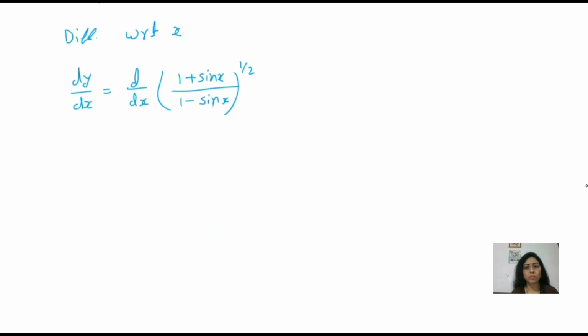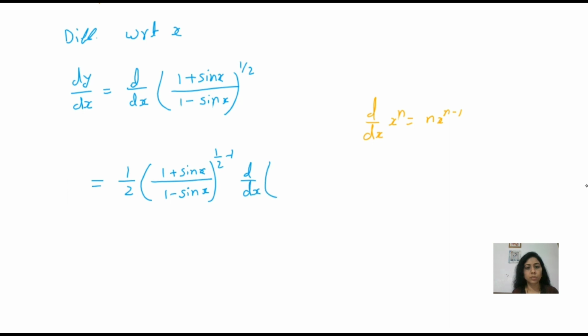root. We know the differentiation rule: d/dx of x to the power n is n x to the power n minus 1. Now 1/2, and this (1 plus sin x divided by 1 minus sin x) to the power 1/2 minus 1. Now again differentiate this bracket portion.